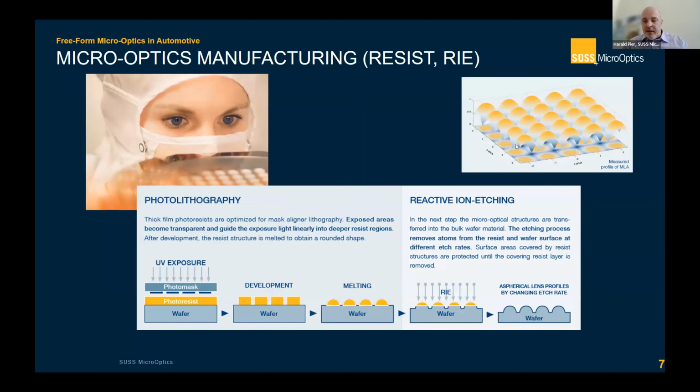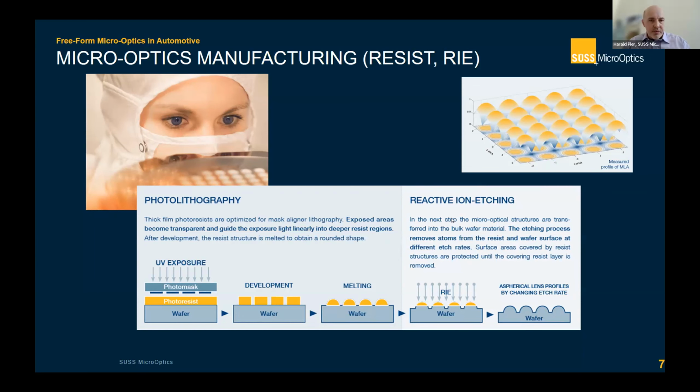Manufacturing, Jessica has already thankfully talked about that. So there are essentially two ways. This is by reactive ion etching. So you do lithography, you develop that resist, and then you start etching, and then you define lenses, typically aspherical lenses.